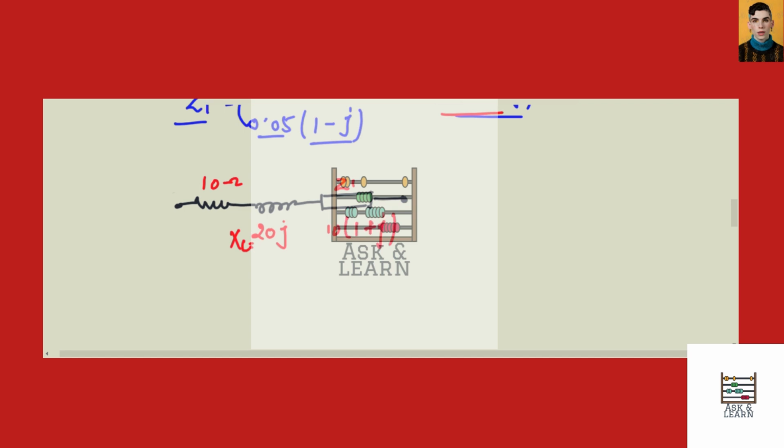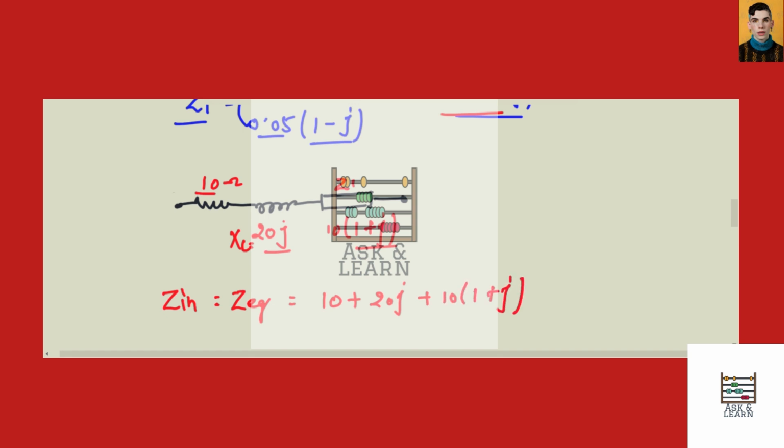All of these are in series, so just add them up. So the Z equivalent will be the sum of all these three. This will become 10 plus 20j plus 10(1 plus j).